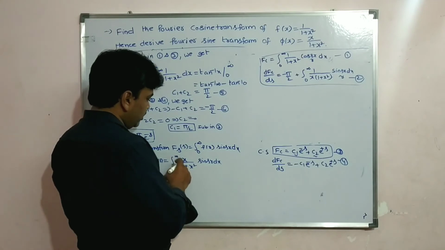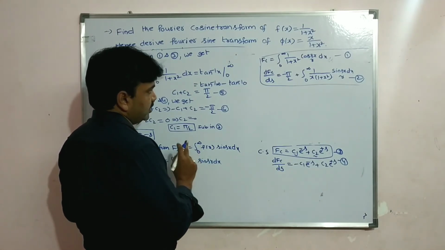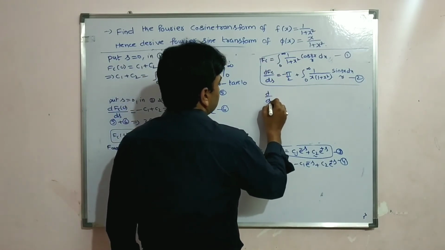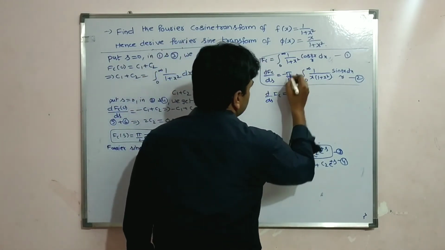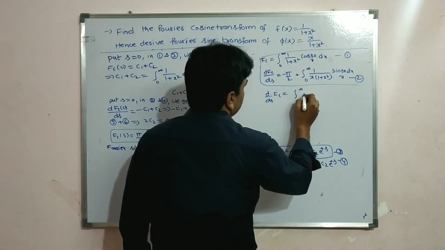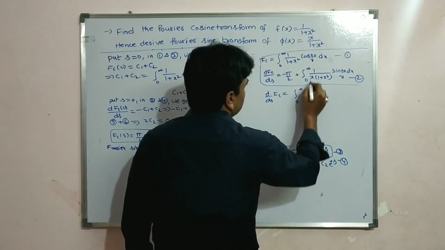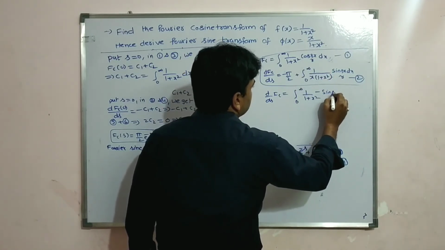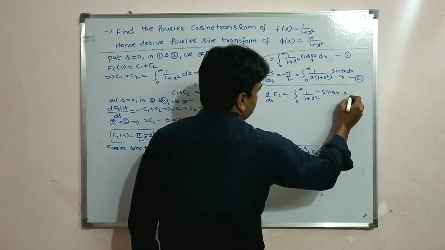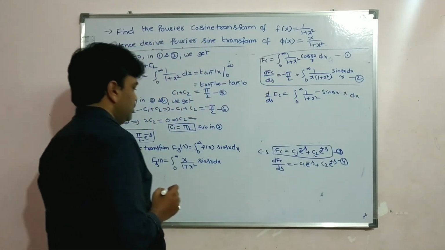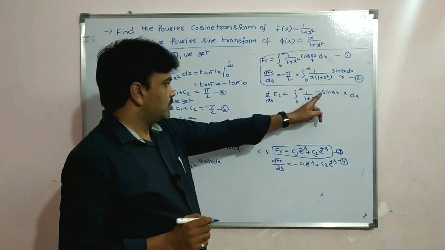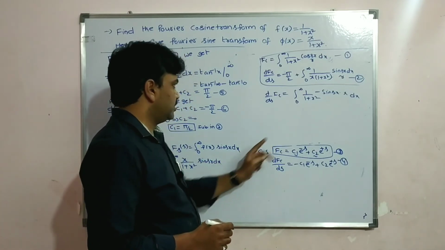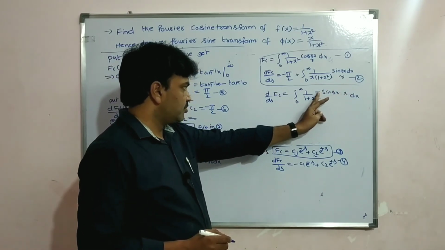Simple students, you differentiate this Fc, so d by ds of Fc we get the integral 0 to infinity 1 by 1 plus x square, and what is the derivative of cos sx? Minus sin sx into x, into dx. So here x by 1 plus x square sin sx dx, the extra term is minus.